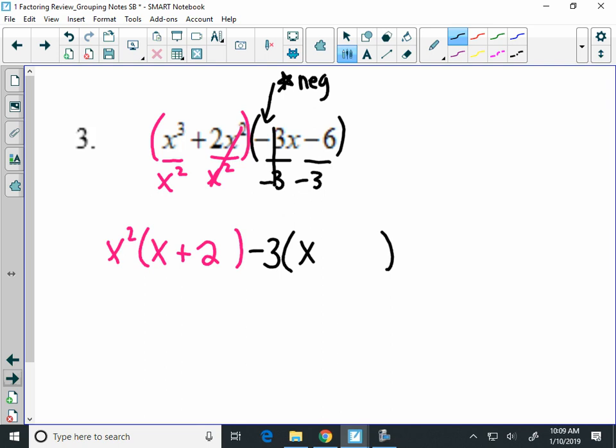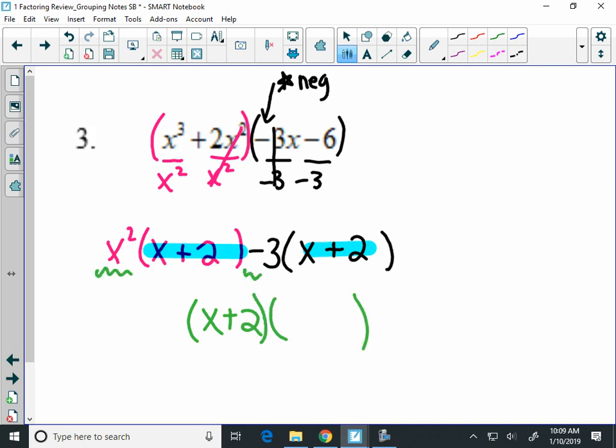Negative 6 divided by negative 3 is positive 2, which works out because my x plus 2 shows up twice. So that x plus 2 is one factor, and the GCFs from the front, x squared minus 3, become your other factor. So that is your final factored form.